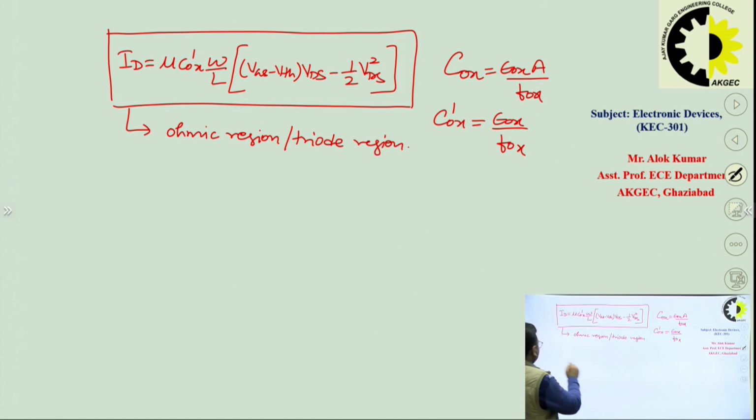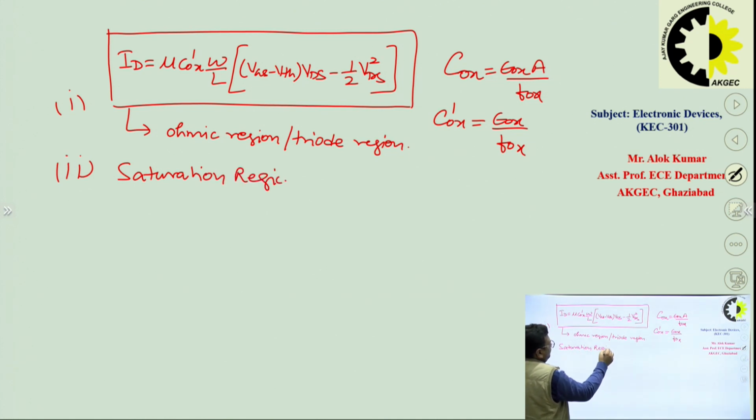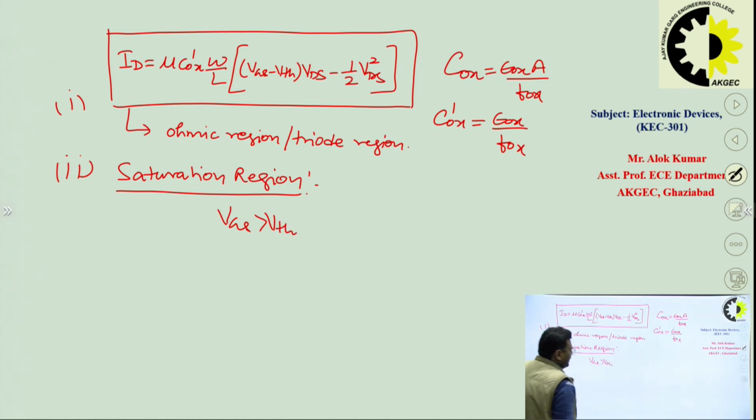This is the first case, for ohmic region or triode region, where we have calculated the value of ID, right. Then for the saturation region, we have to apply some conditions. For the saturation region, we know VGS should be greater than VTH, right. This is the first condition, and VDS will be equal to VGS minus VTH. It should be equal or greater. Okay, so if we put the value of VDS in this equation, then ID will change.